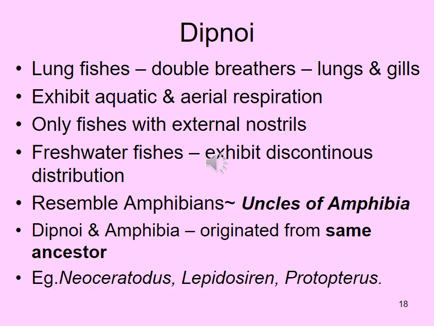They resemble the amphibians, and hence they are also called the uncles of amphibia. Dipnoi and amphibia are considered to have originated from the same ancestor, as they possess lungs. Examples: Neoceratodus, Lepidosiren, and Protopterus.